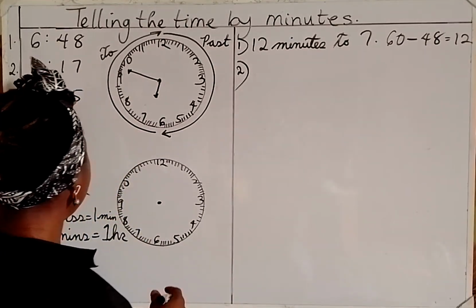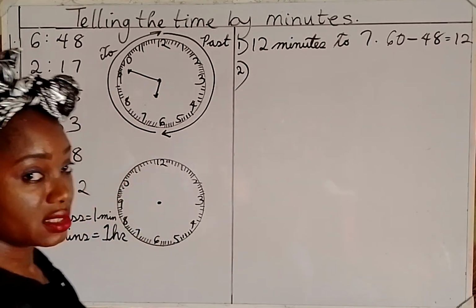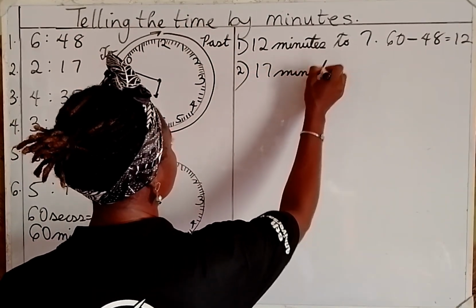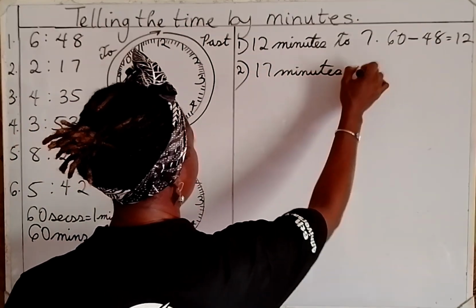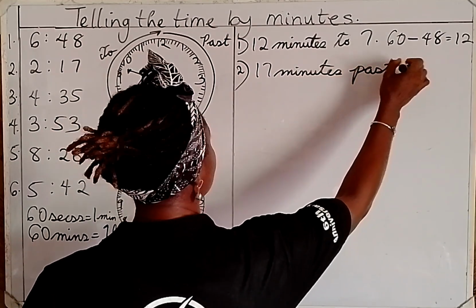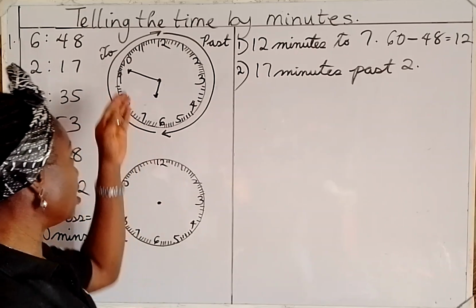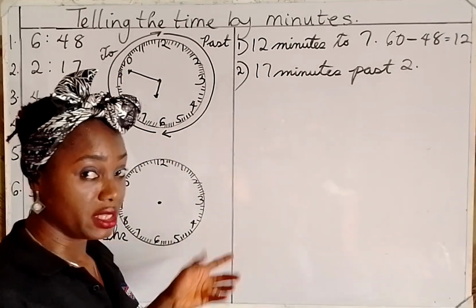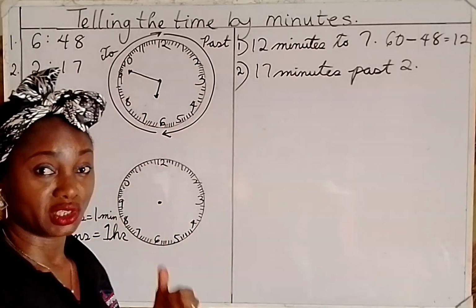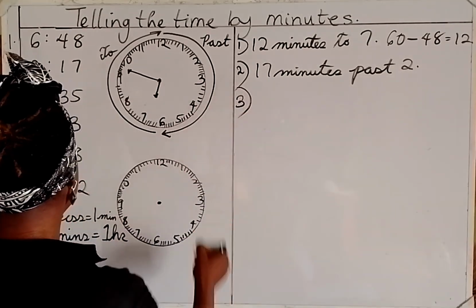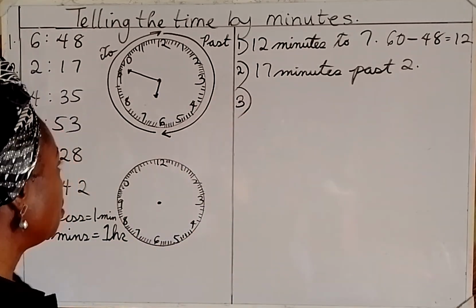So for 2:17, the answer still remains 17 minutes past 2. Here we're not subtracting, because it's still within the range of 0 to 29 minutes, or 0 to 30 minutes, whichever the case may be.